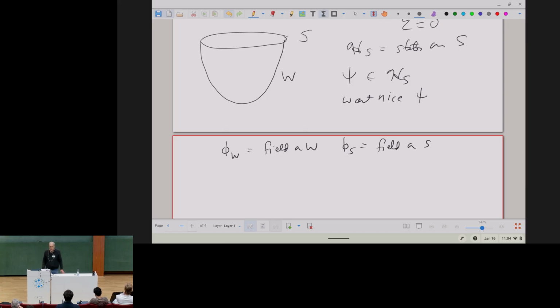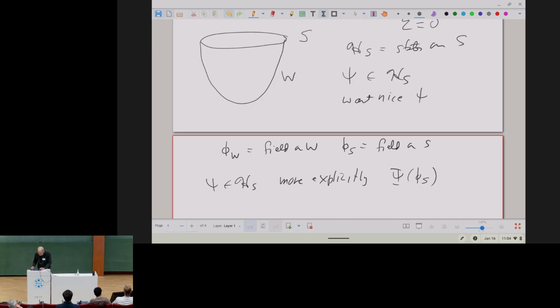What are we trying to do? We're trying to make a state in H sub S, but as you probably know from your studies of field theory, more explicitly, a state in H sub S is a function psi of fields on S. So we're trying to construct a nice function of fields on S.